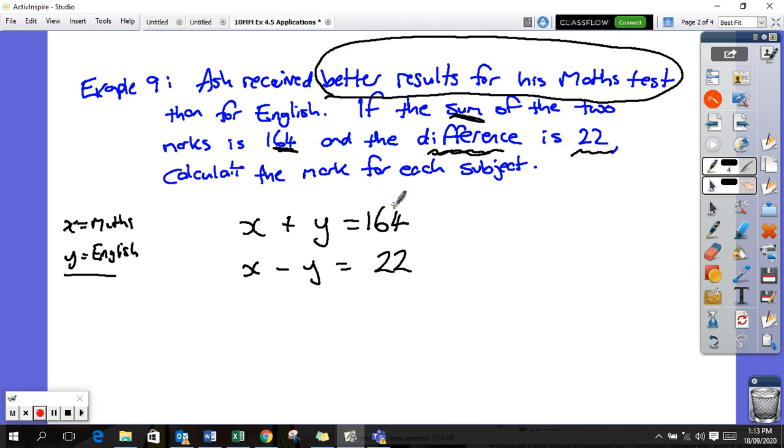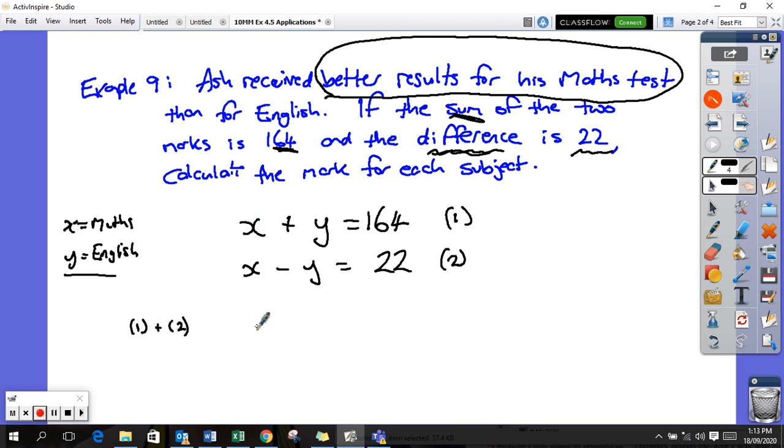So there's sort of 2 bits of information here. Maths plus English is 164, so we've got equation 1, and we've got equation 2. Now we could subtract them and get rid of the x's, but we'd be subtracting a negative. The easiest thing is that these signs are different. They've all got 1s. So these signs are different, so we're going to add them. So we're going to go equation 1 plus equation 2.